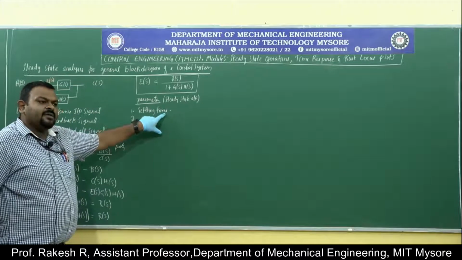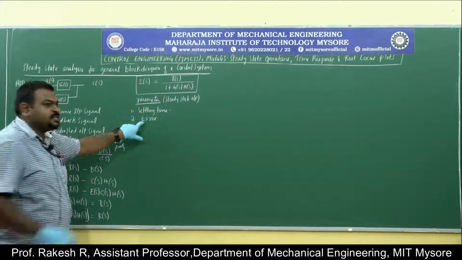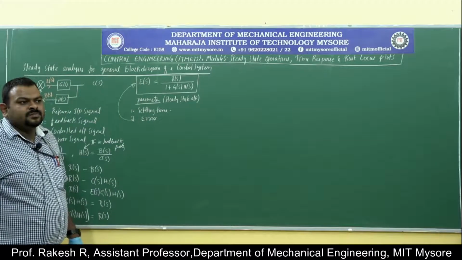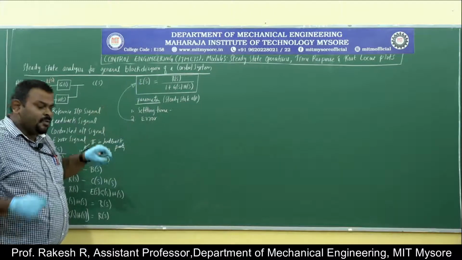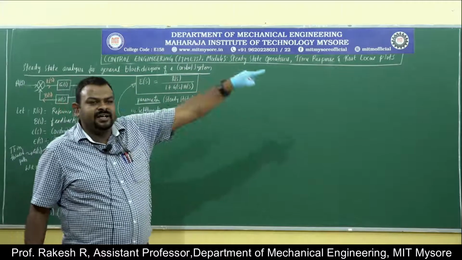Settling time will be calculated based on time domain specification. But what is this error? This error is nothing but E of S. Here, this error we will not give directly as E of S. We will be calculating the error at 0 and error at infinity.